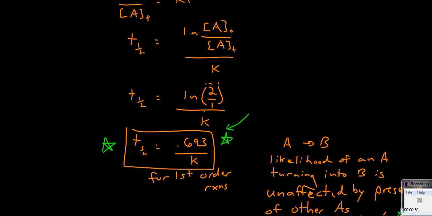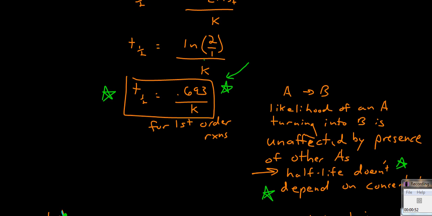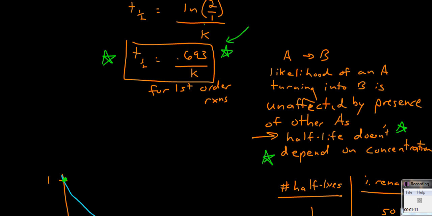Now, first-order reactions, which you recall are generally decomposition reactions, that is, a compound A just spontaneously changes into B without a collision, so the likelihood of A turning into B is unaffected by the presence of other A's, because collisions are not necessary. Considering that, the half-life is not dependent upon the concentration either.